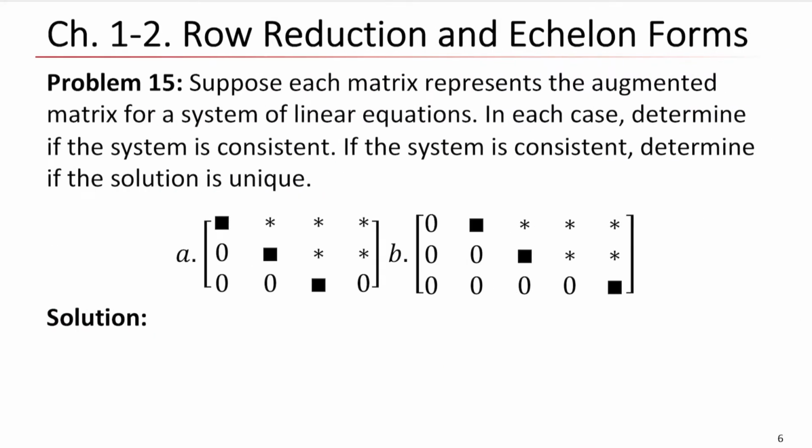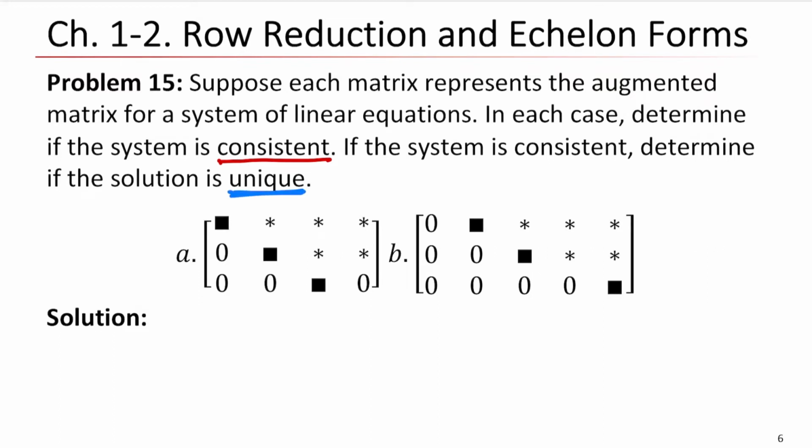Okay, let's move on. Suppose each matrix represents the augmented matrix for a system of linear equations. In each case, determine if the system is consistent, which is related to solution existence. Then if the system is consistent, determine if the solution is unique.